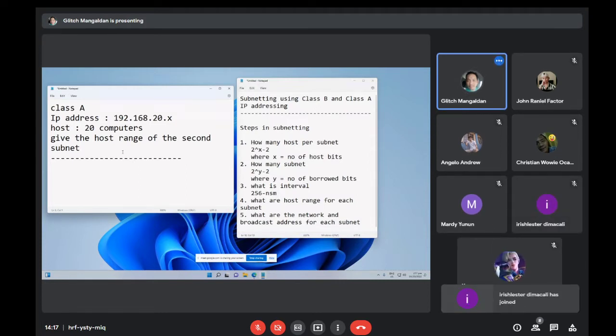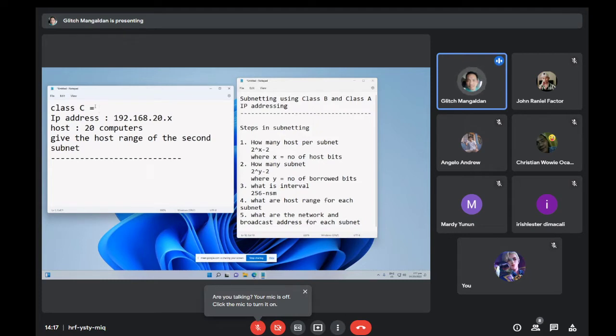The total number of hosts that we can connect in Class C is 254. That is 2 raised to 8 minus 2. Nandun yan sa table nung diniscuss natin last time. So you can connect up to 254 PCs.